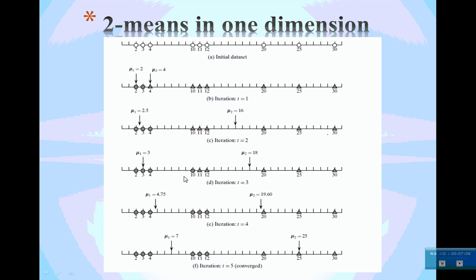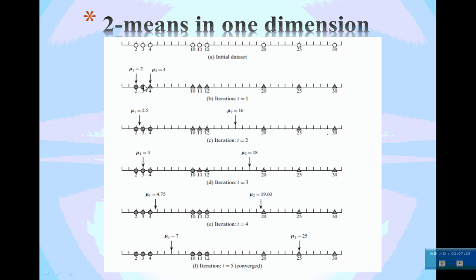So, for one small example in one dimension, first we can see the data. Here are 9 data points. In step 1 we choose this one as a center and this one as a center.